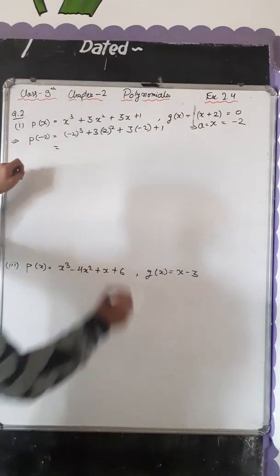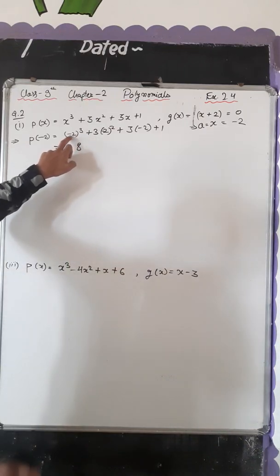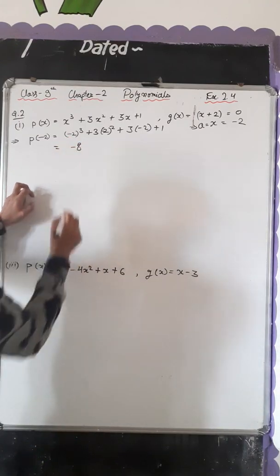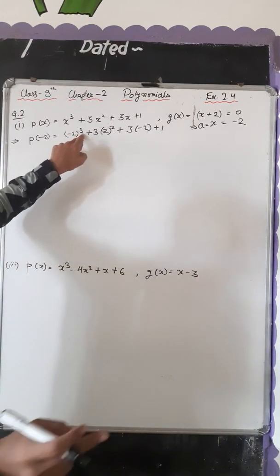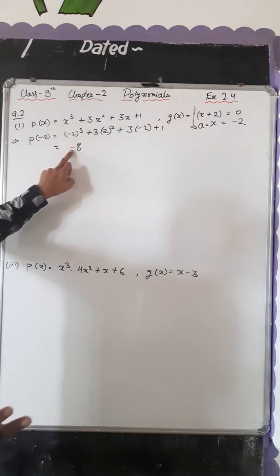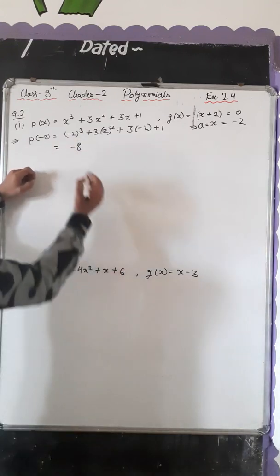The cube of 2 is 8, and minus into minus will be plus, but again into minus will be negative. That means here the power is odd power. So whenever the power is odd, the negative sign comes, right?